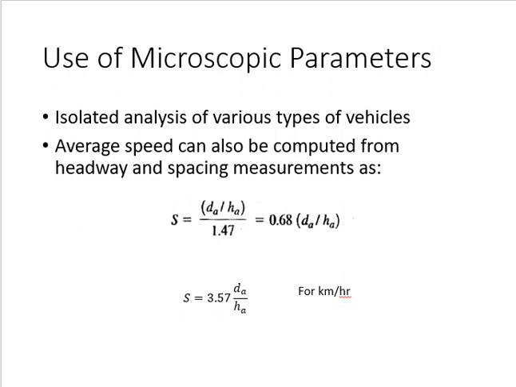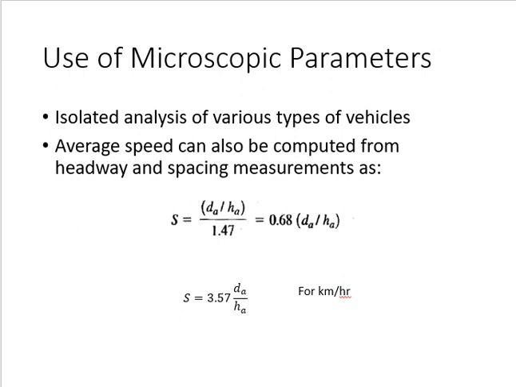Within each type we discussed how many parameters? Three. Three macroscopic: speed, volume, density. And there were different types of volumes: daily, hourly, flow rate, all of them are in volume.